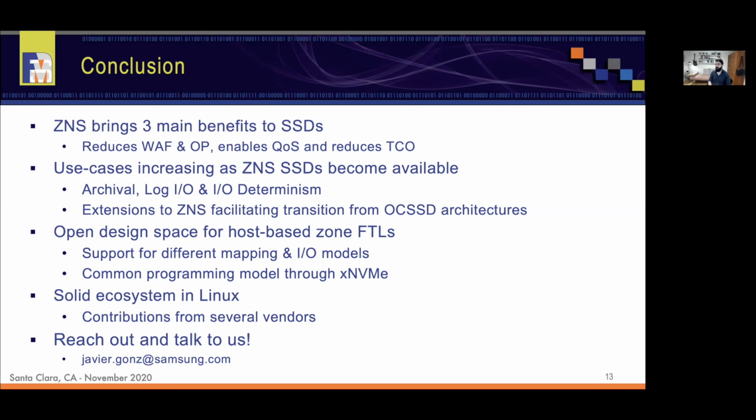Kudos to Western Digital, who has done an amazing job from the early times of the zone device abstraction in Linux to the adoption of ZNS today. I also have a backup slide where you can see the overview of the whole ecosystem: tools, NVMe CLI, blkzone, plugins for FIO, the kernel architecture, QEMU, etc. So again, awesome that we have such a good ecosystem and that people are starting to contribute actively to it.